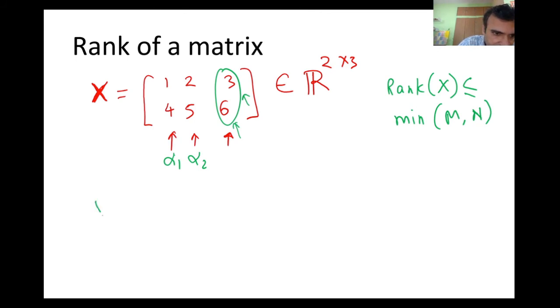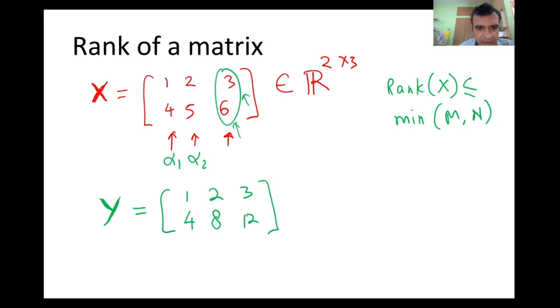So let's take another example where you have another matrix, let's call it Y, and here let's say this is 1, 2 and 3, and then it is 4 and 8 and 12. Here the rank is even less.